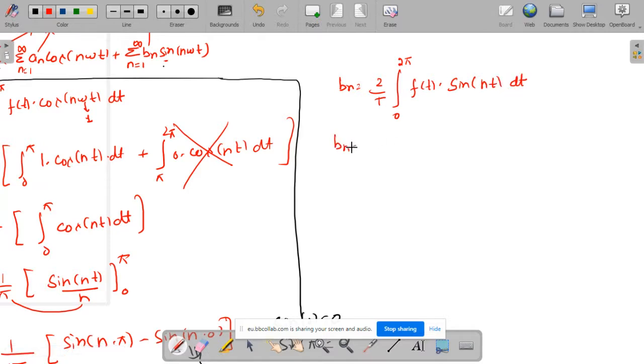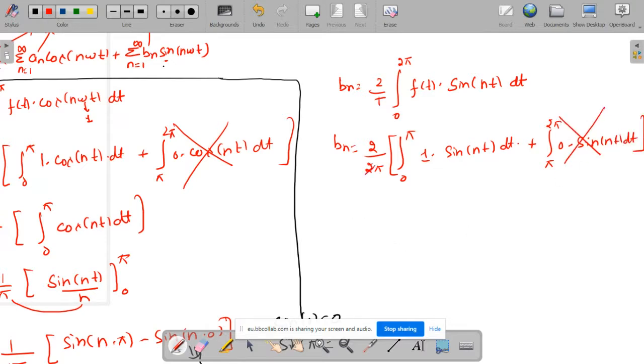Okay, same concept I'm using again, 2 divided by 2 pi. It is very easy, we are just repeating. From 0 to pi the signal is 1, and then sine nt dt, plus from pi to 2 pi the signal is 0, write 0 here, sine nt dt.